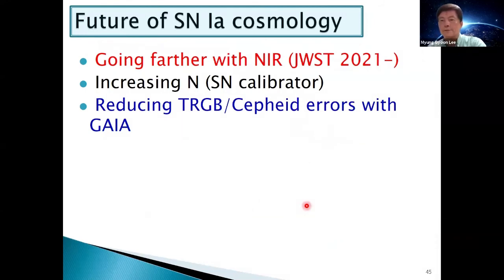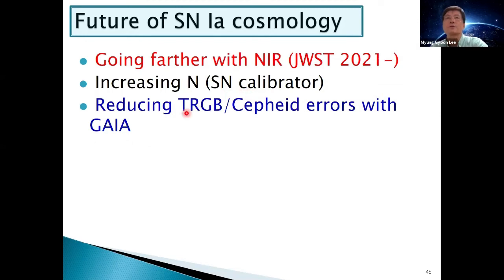So for the future of cosmology, there are 3 directions. One is going further into the infrared with the James Webb Space Telescope, which will be launched next year. And also we need to increase the number of supernova host galaxies. At this moment it's 18, but we need to increase that number.